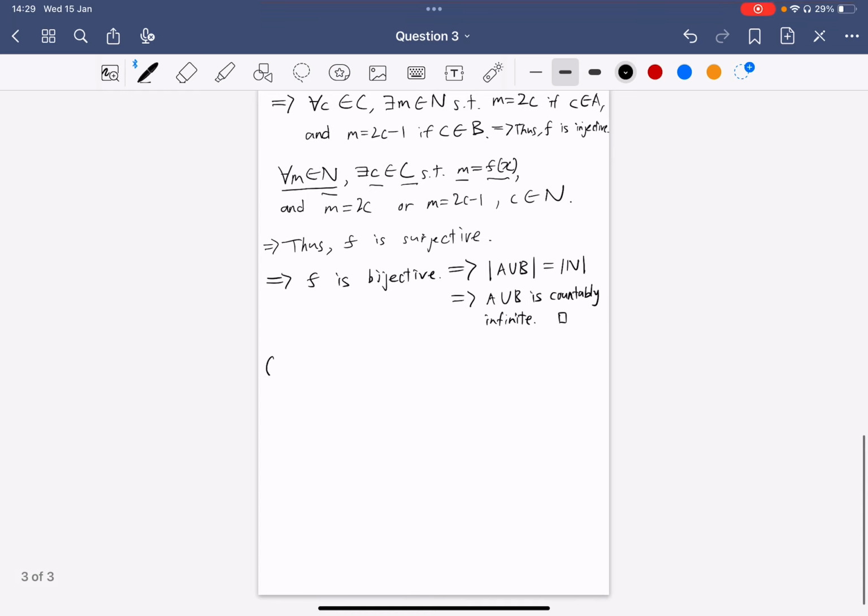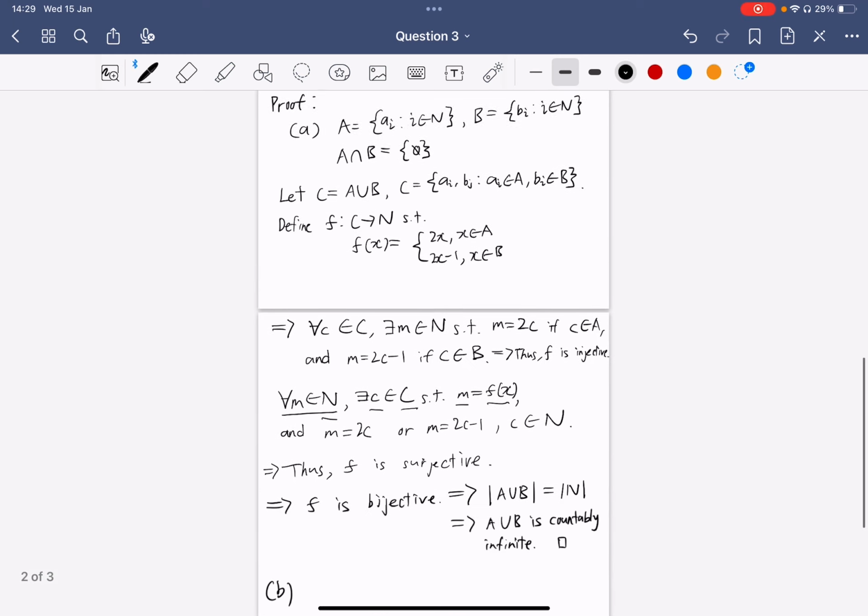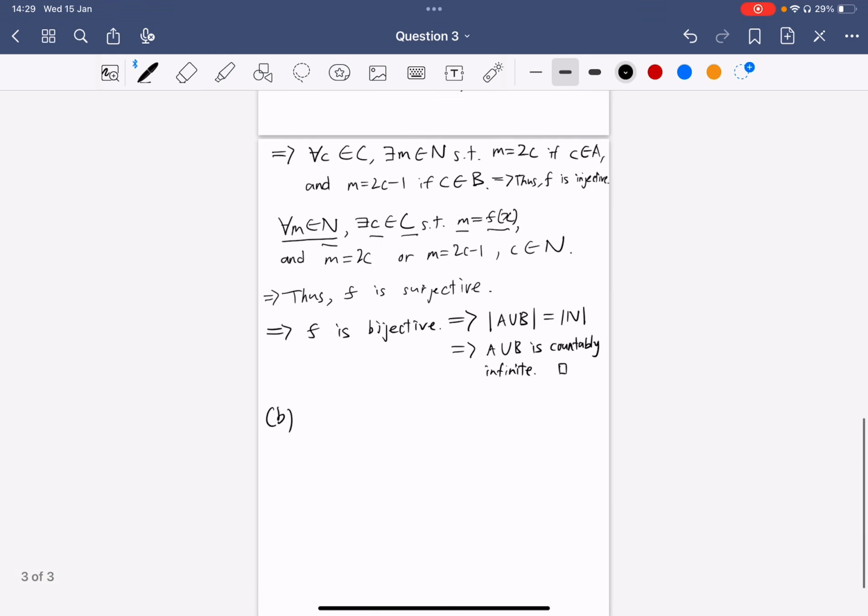Okay, that's part A. Now for part B, it wants us to prove that the set of irrational numbers is uncountable. Okay, so we know that R minus Q, the set of irrational numbers, is infinite, and that means two things.